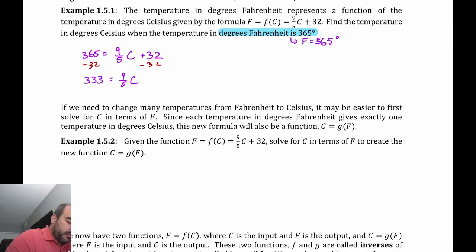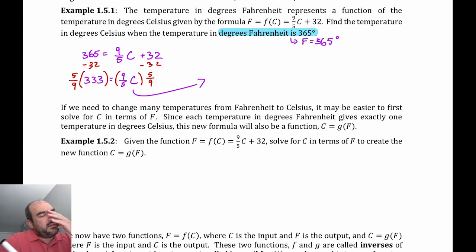Multiply each side by 5/9. Good. If you want to get rid of a fraction, that's multiplication. You multiply by its reciprocal, 5 over 9 in this case, on both sides. So 333 multiplied by 5/9 is going to be... what is that going to be? 555 divided by 3, which is 185.